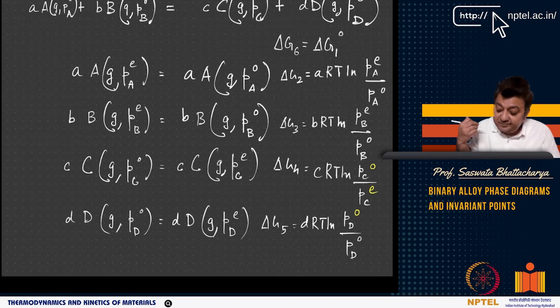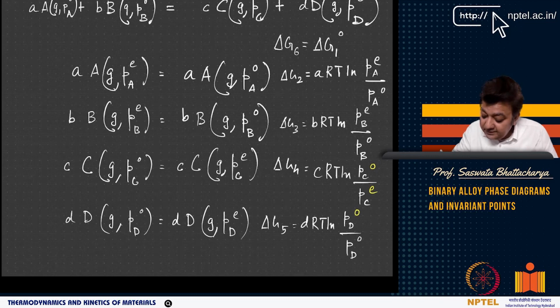That is the vapor pressure where pure D solid is in equilibrium with its own vapor at a vapor pressure of PD naught, right? PD naught by PD.